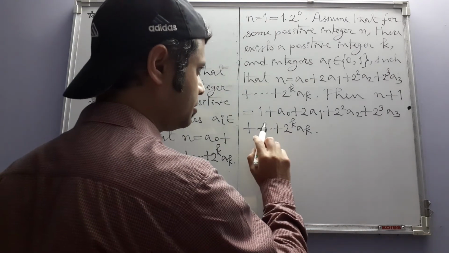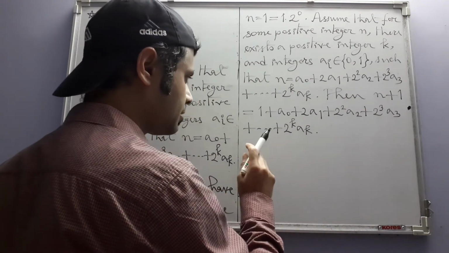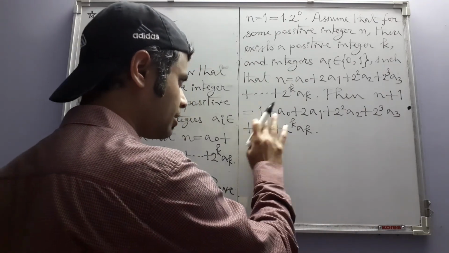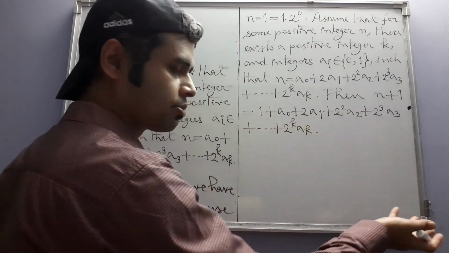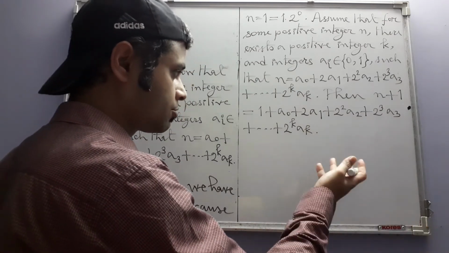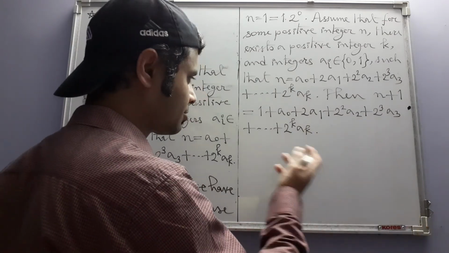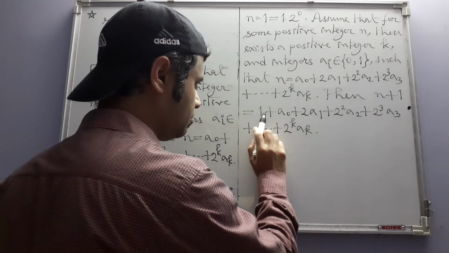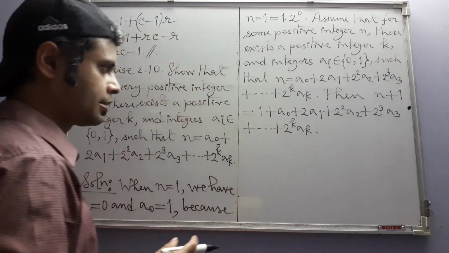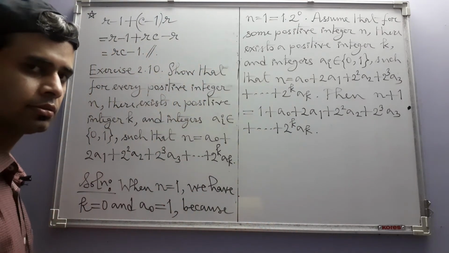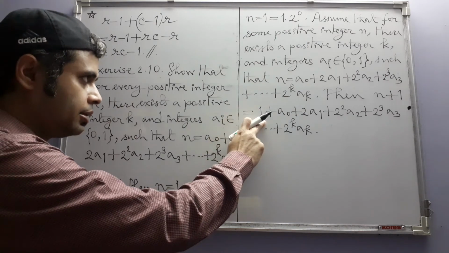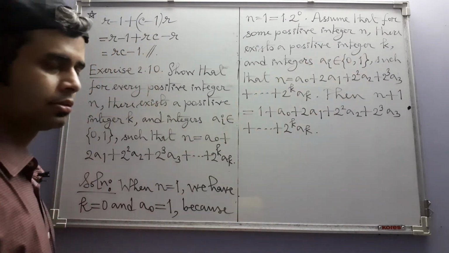Because then n plus 1 is an expression which is like this: 1 plus 2a1 plus 2 square a2 plus 2 cube a3 and so on, where 1 can be taken as our new a0. That is because 1 is coming from this set.